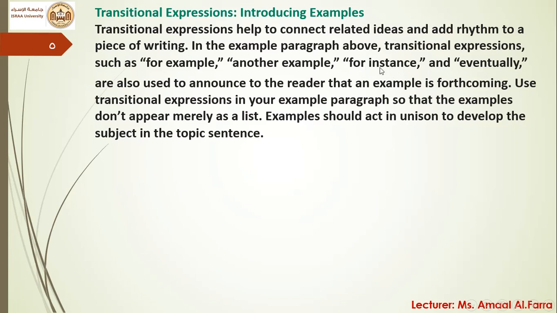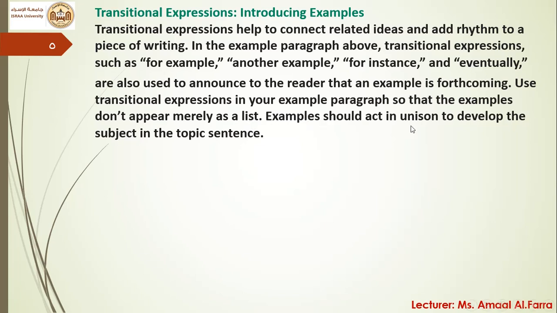When I use one of these transition expressions, I tell the reader that an example is forthcoming. Use transition expressions in your example paragraph so that the examples don't appear merely as a list. When you use them, your paragraph will appear as a paragraph, not a list of items.